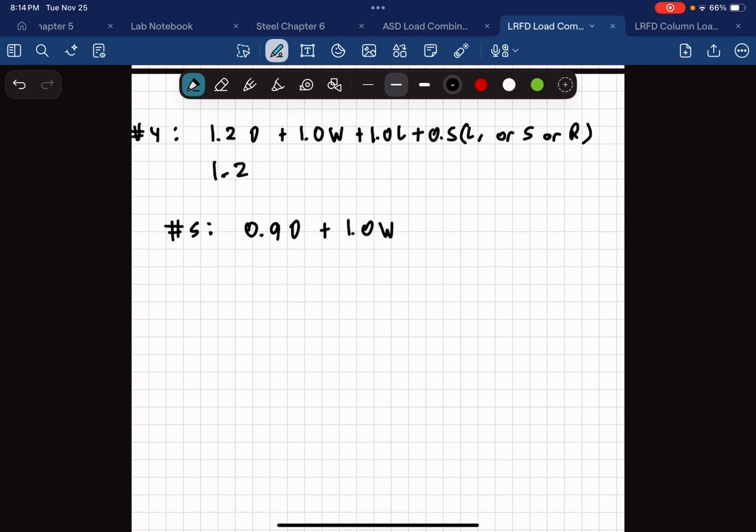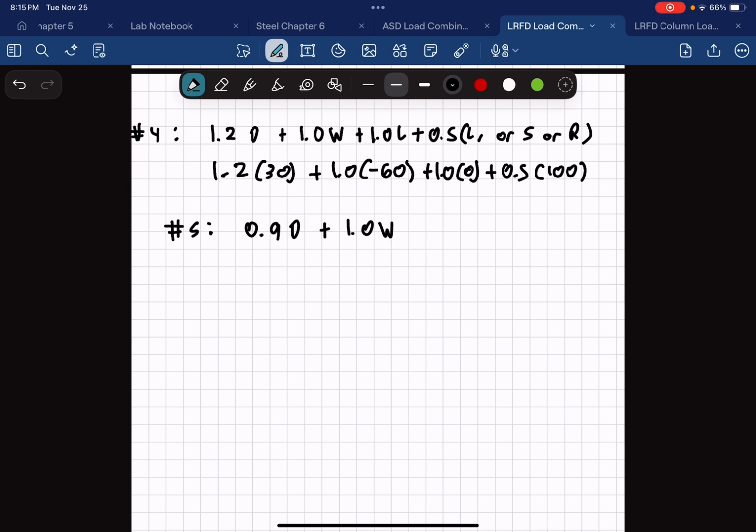So two more here, 1.2 times 30, plus 1.0 times, remember, negative 60, plus 0.5 times 100. Here we're going to get 1.2 times 30 minus 1.0 times 60 plus 0.5 times 100.